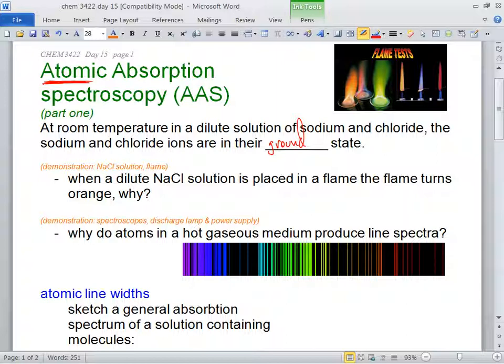Okay. I got it fixed. We got to go on our little field trip. Come on, let's go look at our discharge lamps. All right. We're going to place atoms in a hot gaseous medium, and we're going to apply a high voltage across them.